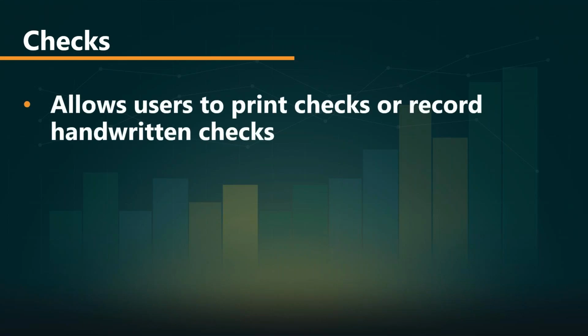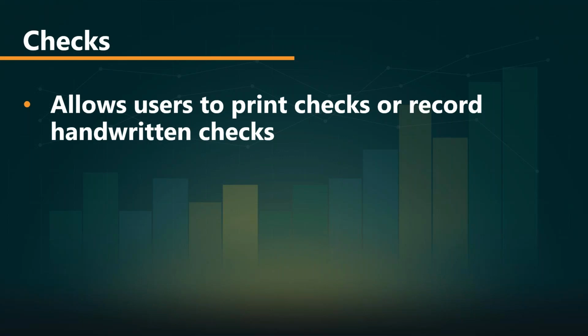So with checks, checks allows users to print checks or record handwritten checks. So there's two types of checks. There's going to be handwritten checks, like you have the checkbook and you pull it out, write the check, tear the check out, and then give it to or mail it to whoever needs the check. And then there's also, I call them electronic checks because you are printing them from your computer.